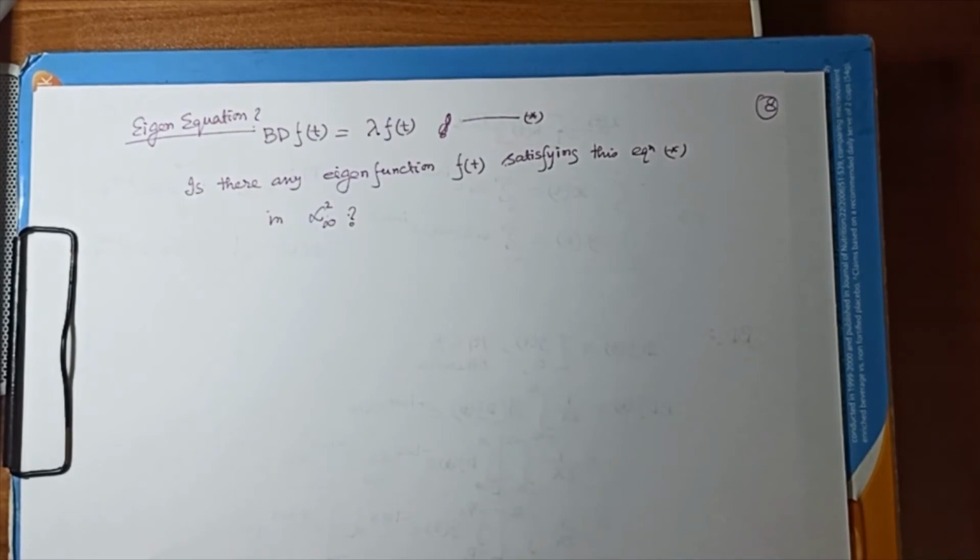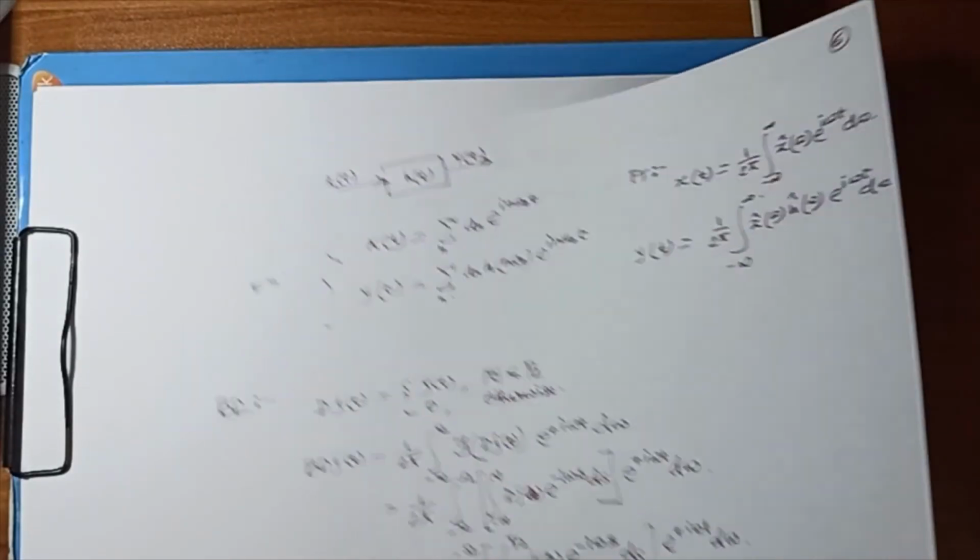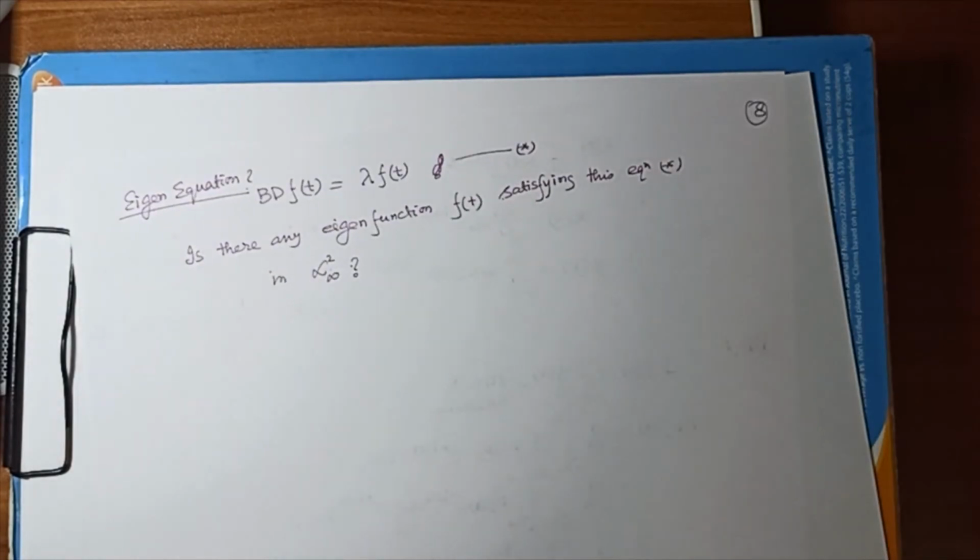Now, whenever you come across these kinds of questions where you are asked whether there is any eigenfunction like this, these questions are normally non-trivial. Non-trivial in the sense that you do not know the answer, and there is no methodical way of finding such solutions just by looking at this.